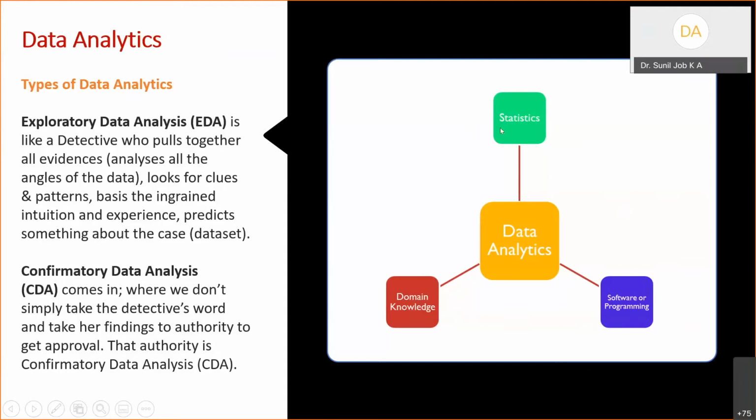Some mathematical statistical concepts are needed, because only through a statistical analysis will we get clarity regarding the data. What is the nature of the data? If we are using measures of central tendency, it tells us where the data is located. If we are using measures of dispersion, how much the data has been scattered. If we are using skewness, whether the data has been skewed to the right or left. Likewise, you get clarity about the data through these statistics.